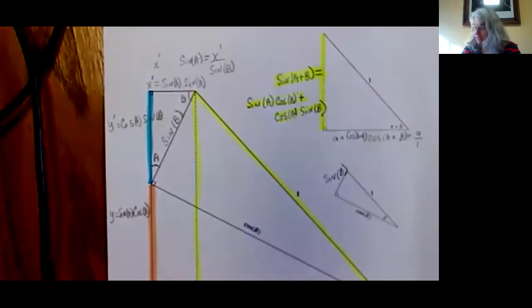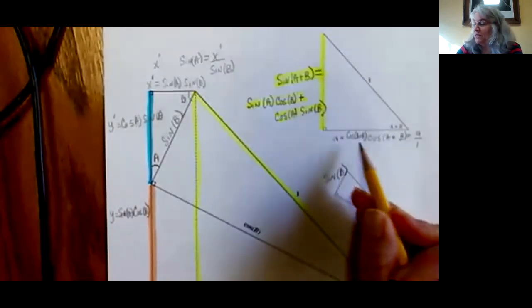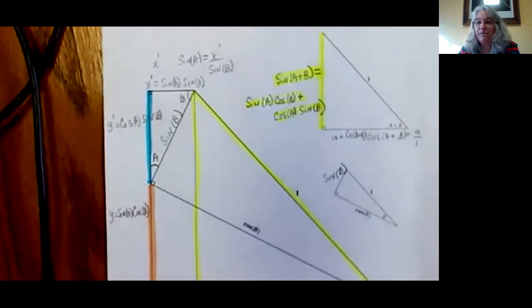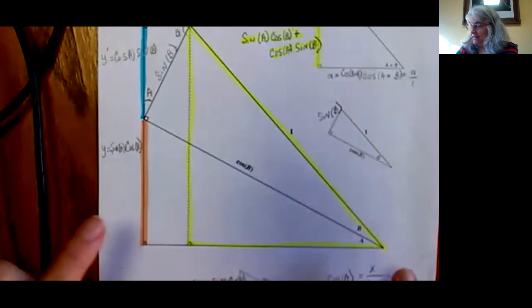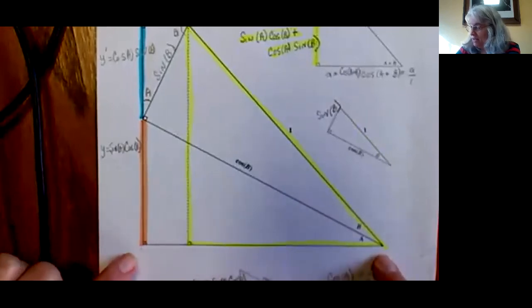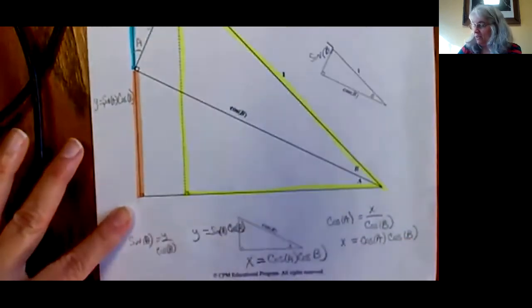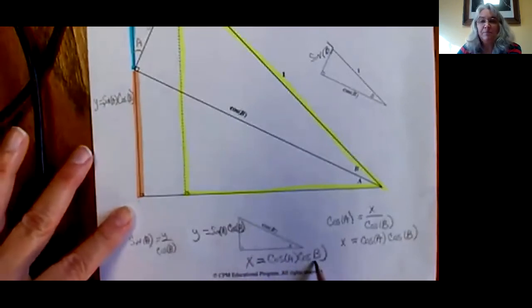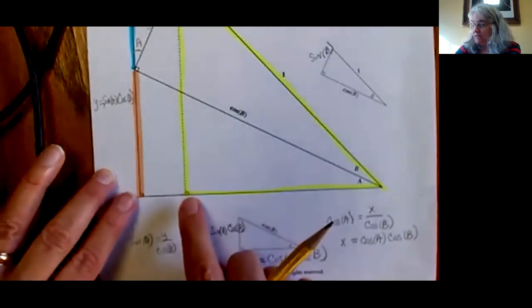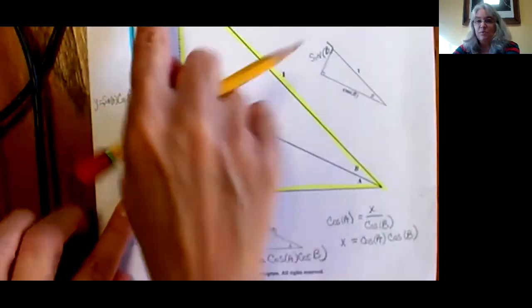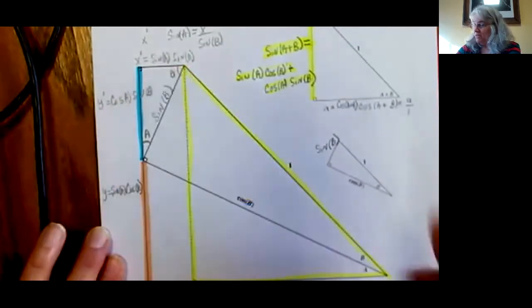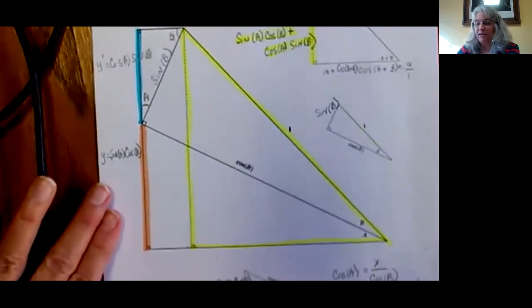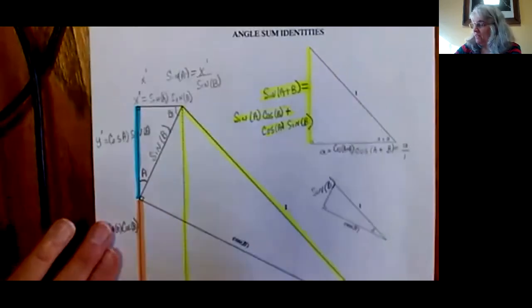Okay, well, that's lovely. Now what are we going to do about the cosine of A plus B? Well, the cosine of A plus B is going to be this length. Well, that's this length, which we determined down here was cosine of A times cosine B, minus this little piece, which we figured from up here, this little triangle, was sine of A times sine of B. So let's go ahead and write that out. Go back over here.